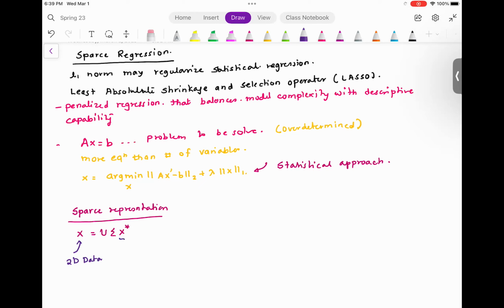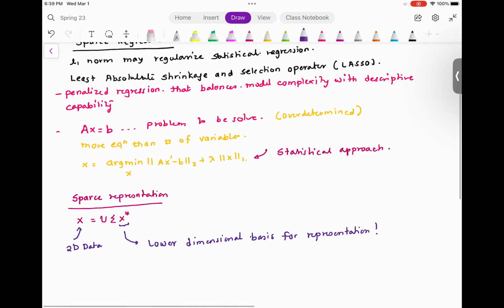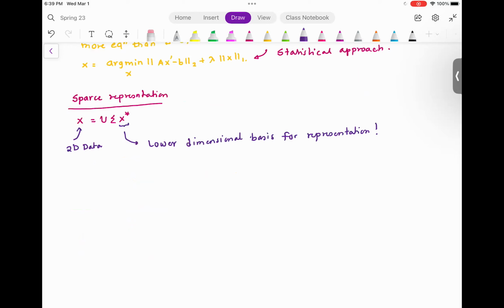And then you can actually construct a lower dimensional basis for representation. So you can actually do a low dimensional basis for the representation.